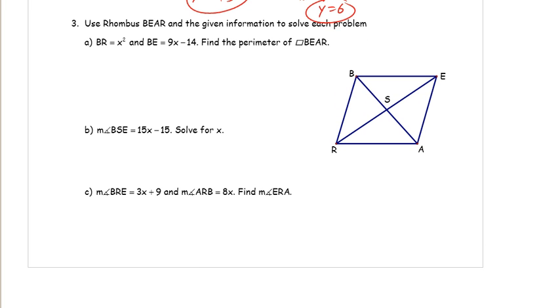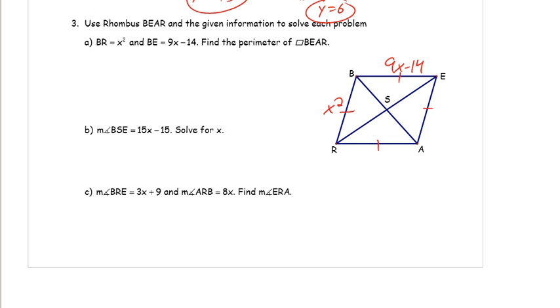Last one, I'm probably going to save C for you guys for tomorrow. But use rhombus BEAR and the given information to solve each problem. So we have BR is x squared. BE is 9x minus 14. Find the perimeter of BEAR, because we want to know what everything is going around. Now, if you look back up at your rhombus information, you know that a rhombus has congruent sides.